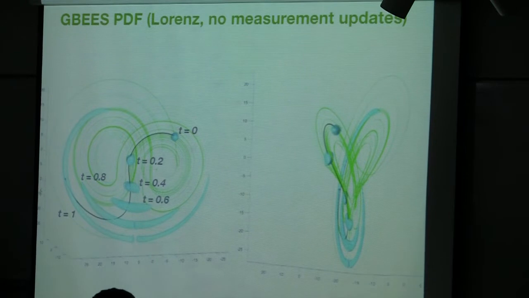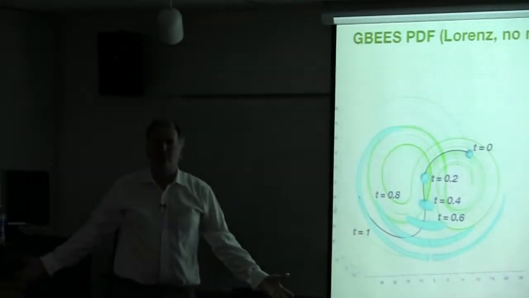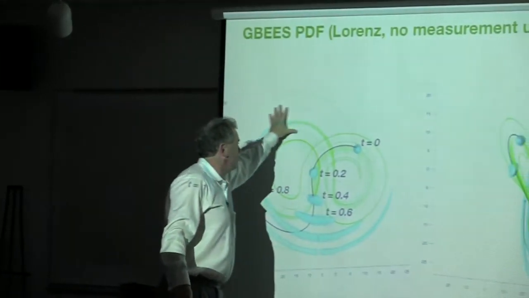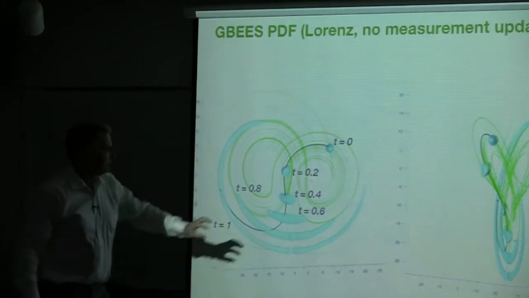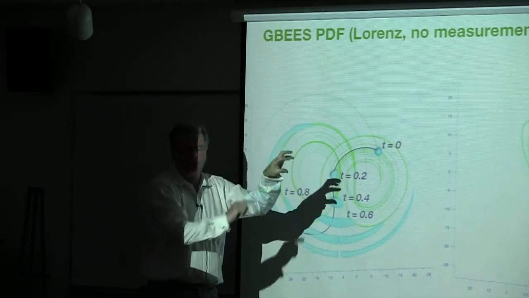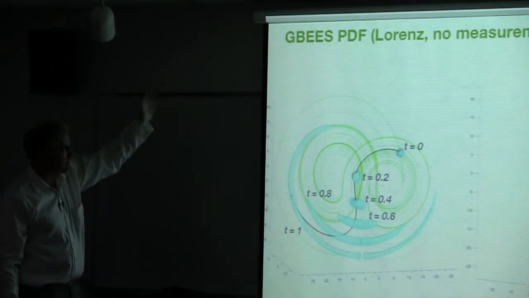It gives me the exact same result as if I had a grid over everywhere, but most of those grid points aren't doing anything. I'm not doing any computation out here, and I'm only doing computation, as the system evolves, on those points which are non-zero and their immediate neighbors. And so that's how I can do this grid-based Bayesian estimation exploiting sparsity.